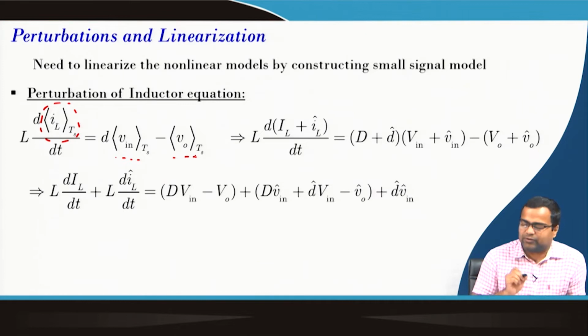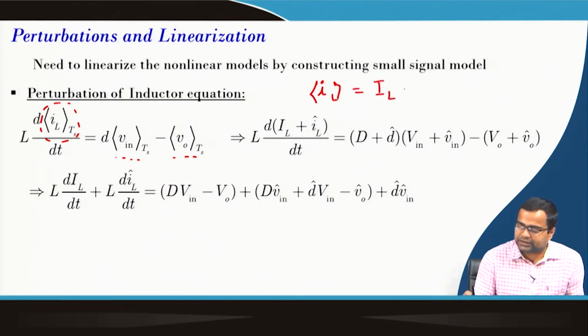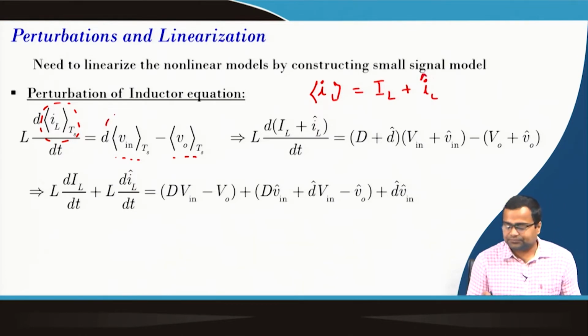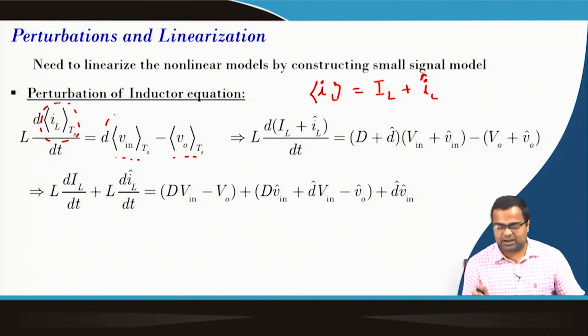Now if we write each average quantity as the steady state quantity plus the small signal part, IL hat, all quantities are replaced by their steady state value plus the small signal part.